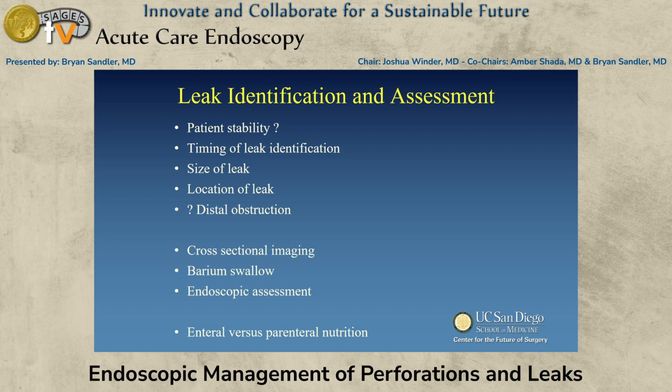So distal obstruction. These are all things that we need to think about when we're approaching a leak patient. Cross-sectional imaging, so CT imaging, if stable. Barium swallow, if cooperative. Endoscopic assessment, critical. Of course, we're talking about endoscopic management, so being able to see it is important.